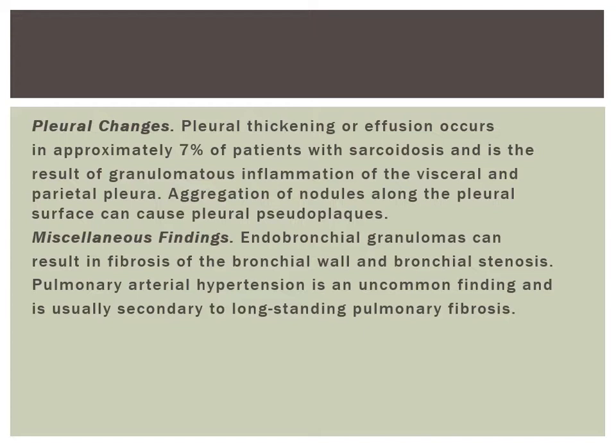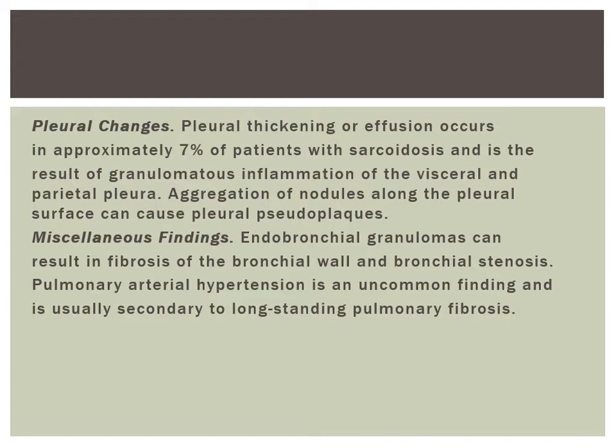Pleural changes. Pleural thickening or effusion occurs in approximately 7% of patients. It's not common in patients with sarcoidosis. This results in granulomatous inflammation of the visceral and parietal pleura. Aggregation of nodules along the pleural surface can cause pleural pseudoplaque.